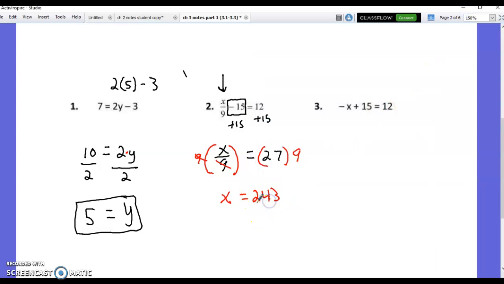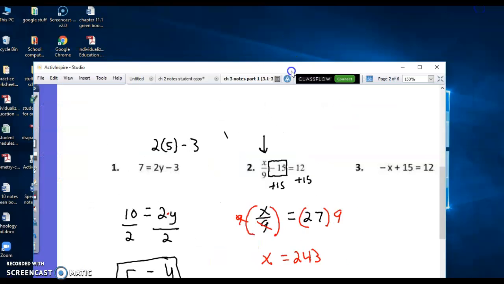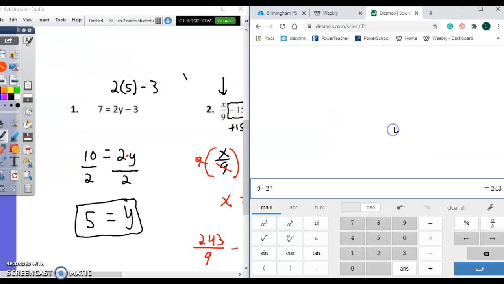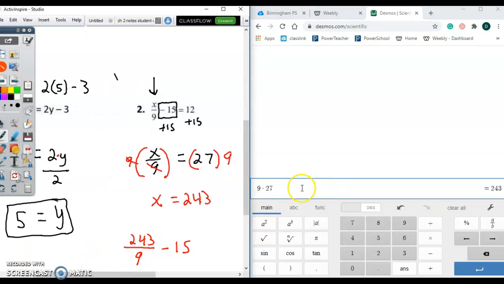So again, if I put that into my original problem, 243 divided by 9 minus 15. That should give us 12. Let's go ahead and just have fun. We got some time. If you're bored with that, you get it, you can fast forward this anyway. All right, so let's see if that comes out to equal what?